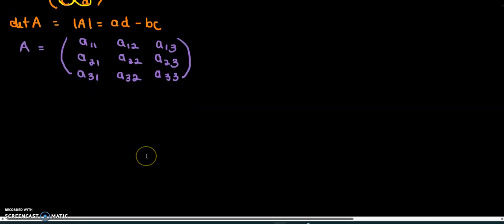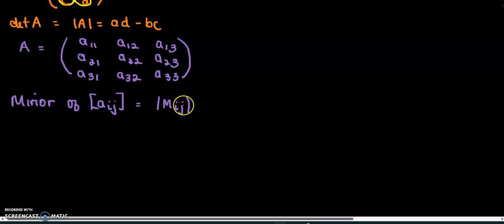So one of the first things we have to look at is something called the minor of a matrix. So the minor, let's say, of the element aij, we're going to denote this minor as the modulus of Mij. Now, how do we get the Mij?